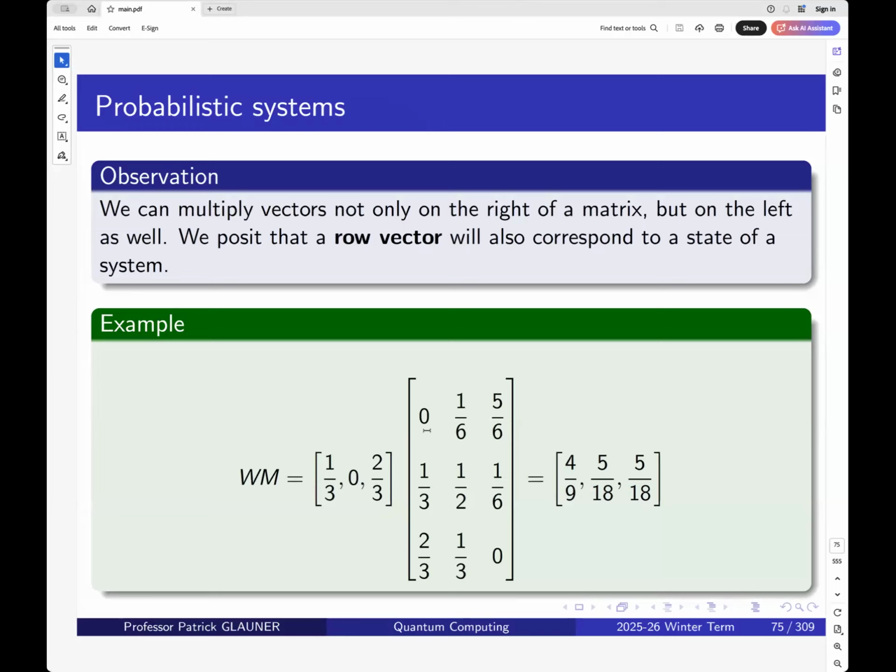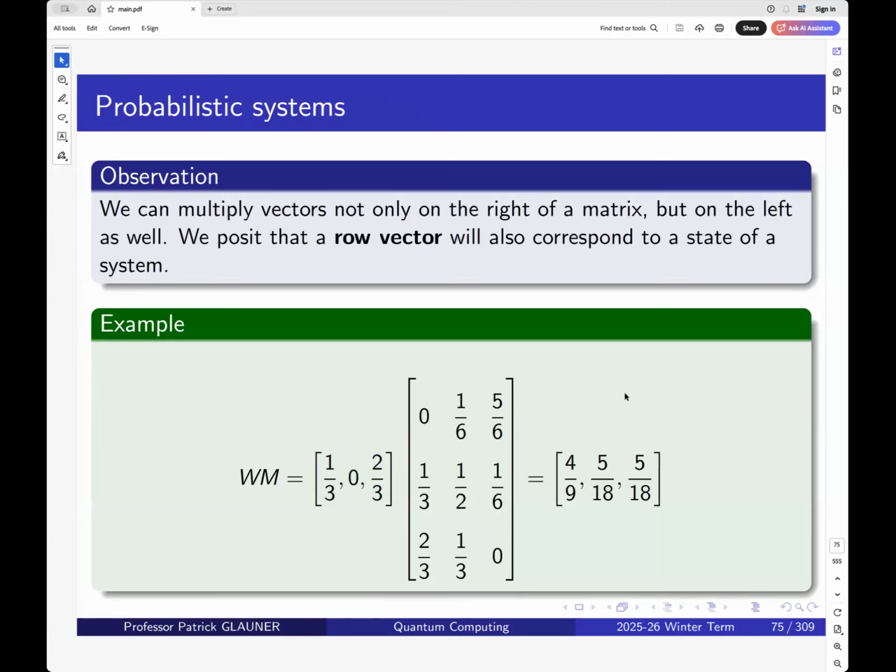Since you've all done linear algebra, this would be fairly easy for you to test out. So we have a row vector multiplied with this matrix from the left, and we get a new row vector. Now, why do we suddenly use a row vector and not a column vector anymore?